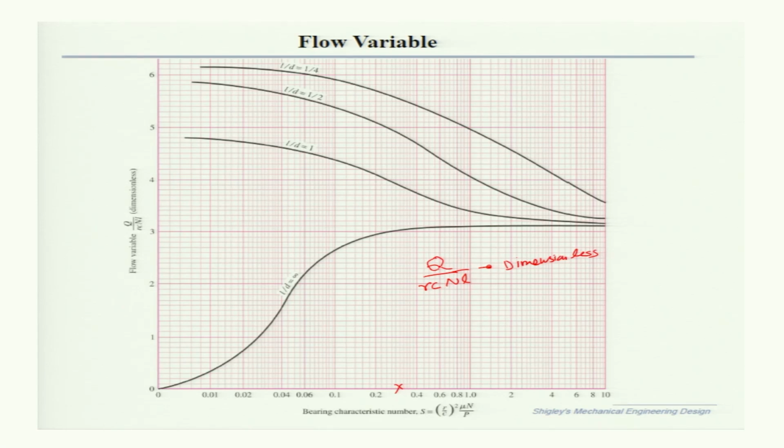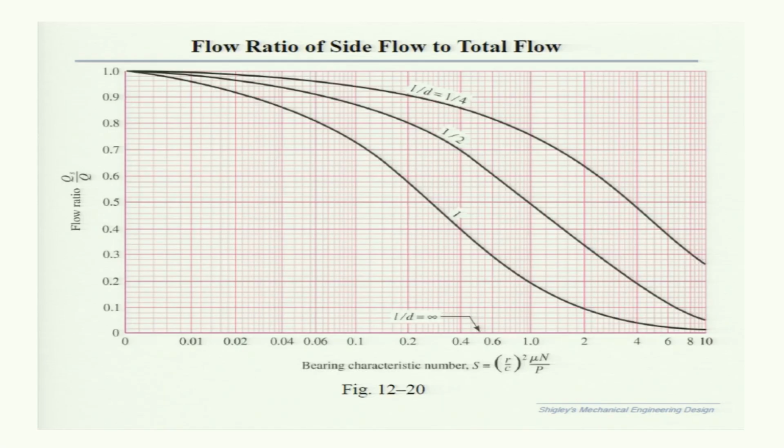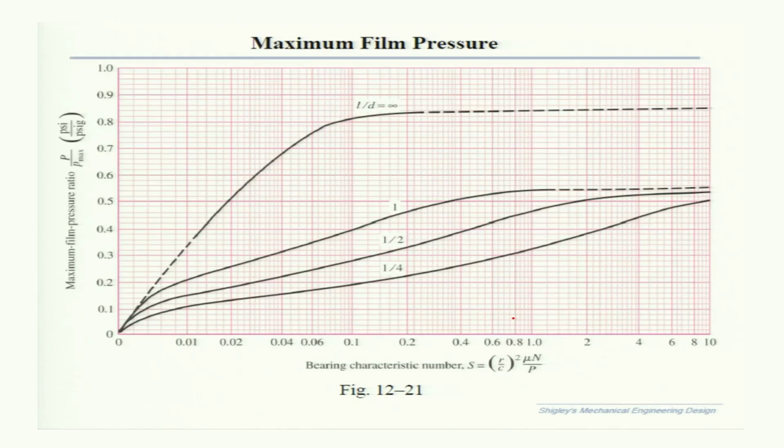Q is the total volumetric flow rate. Then Qs divided by Q is the flow ratio. That means this gives us the side flow, the leakage flow divided by the total flow. Again, knowing the L by D ratio and Sommerfeld number, you can get this. Then P divided by P maximum, knowing the Sommerfeld number and L by D, you will get this one.